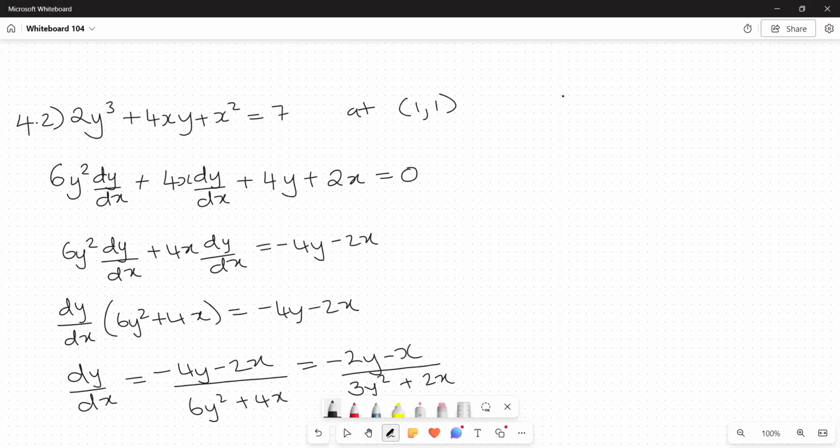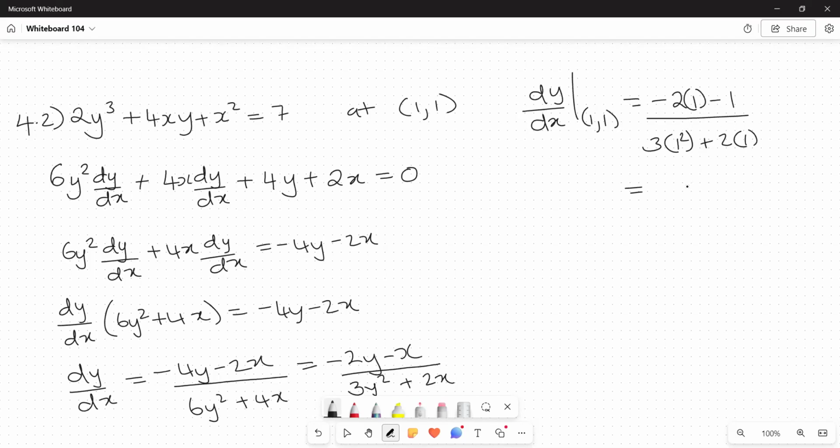Okay, and now I want to work out dy/dx at the point 1, 1. So everywhere I have y, I'll put 1. Everywhere I have x, I'll put 1. So that will leave me with minus 2 times 1 minus 1 over 3 times 1 squared plus 2 times 1.